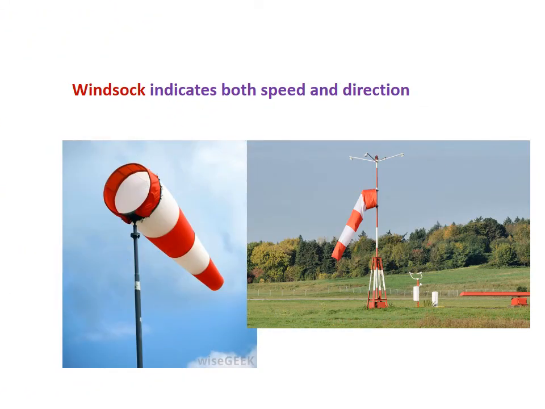Coming to measurement of the wind. What you see in the figure is a windsock, which I am sure many of you would have seen while going to an airport.